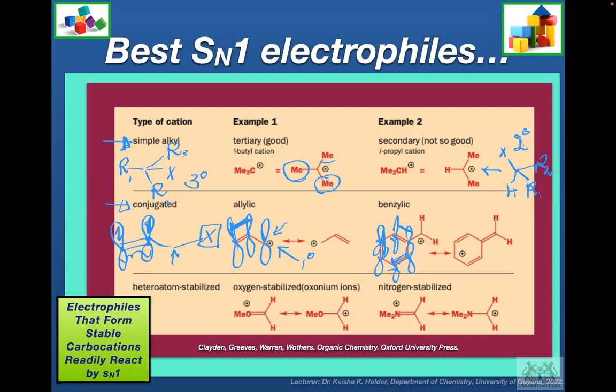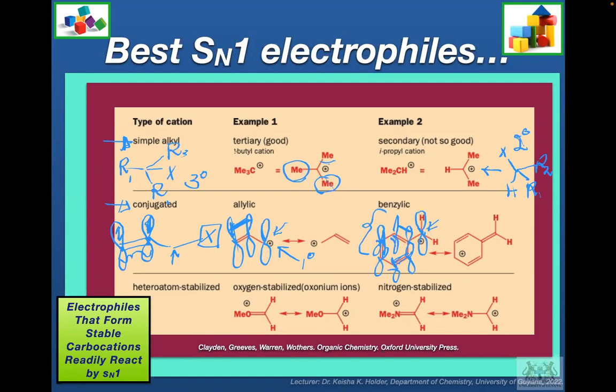Yeah, let's tidy that up. So this one is electron deficient, but this pi system here contains 6 pi electrons that is able to lend electrons over to the carbocation center itself. All right.